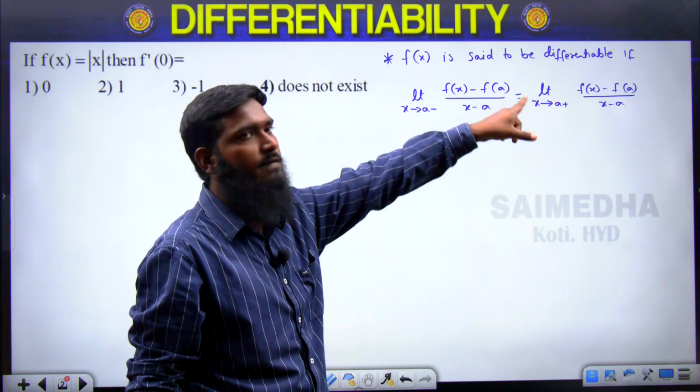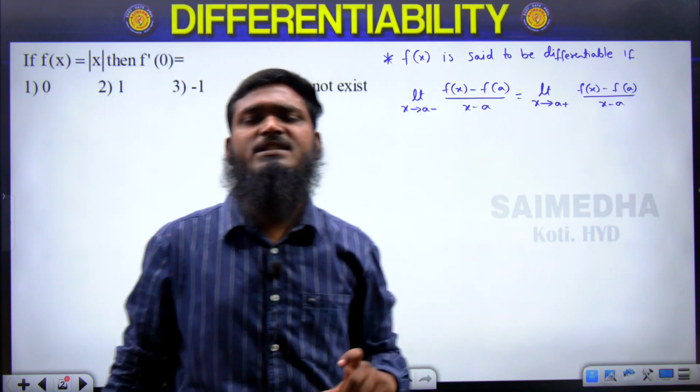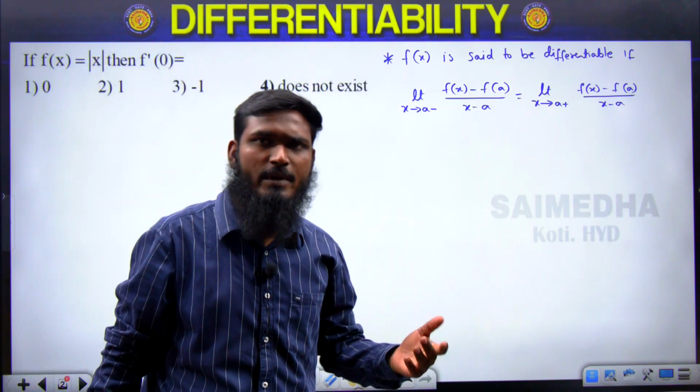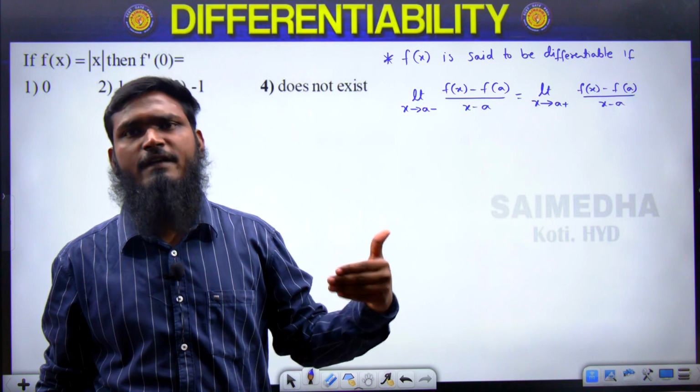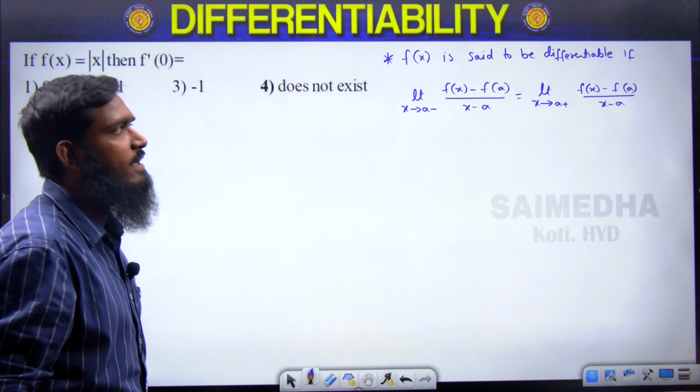For a minus and a plus we can also call these LHD and RHD. As LHL and RHL meant left hand limit and right hand limit, here we take left hand derivative and right hand derivative. So this is the condition for differentiability.